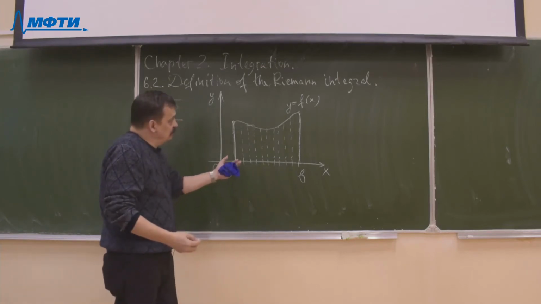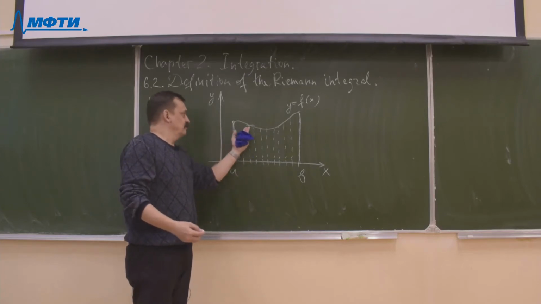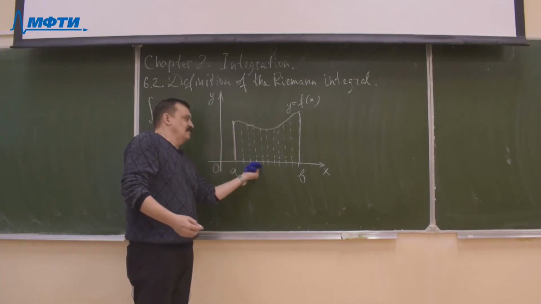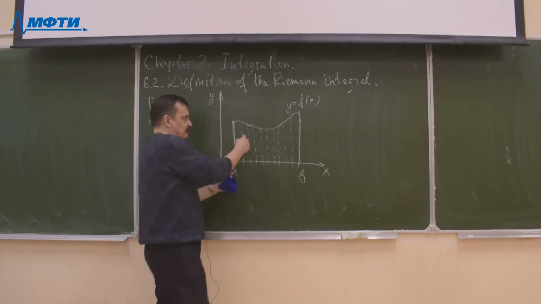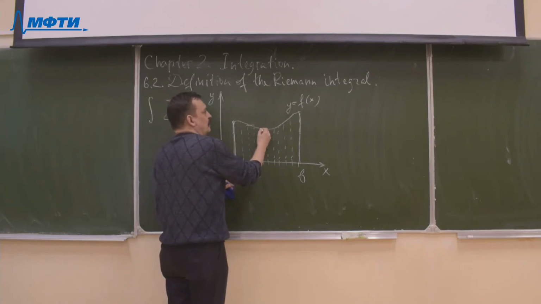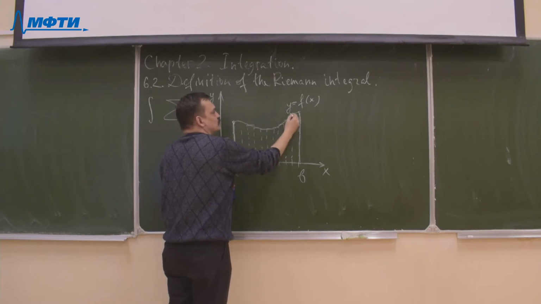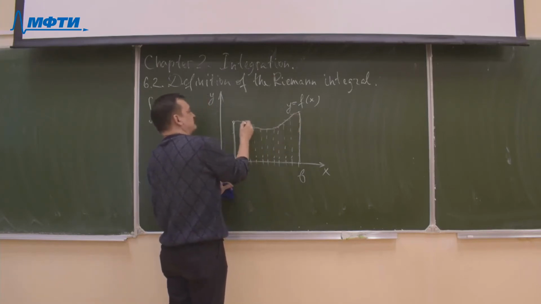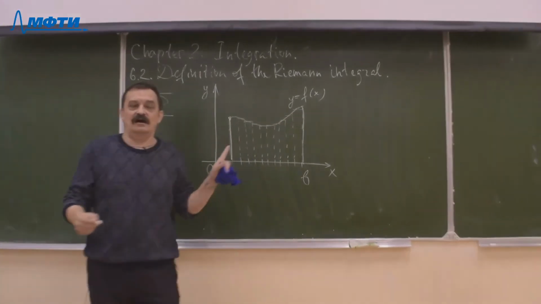And okay, we can expect that if every length is sufficiently small, then if we add all those small areas, we have many, many rectangles after this operation.